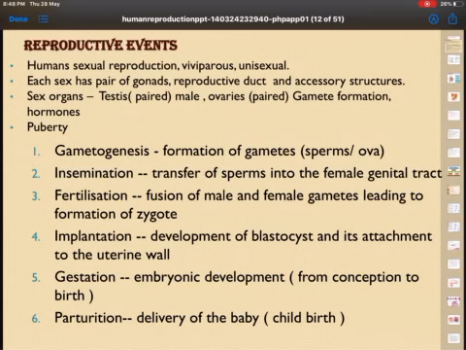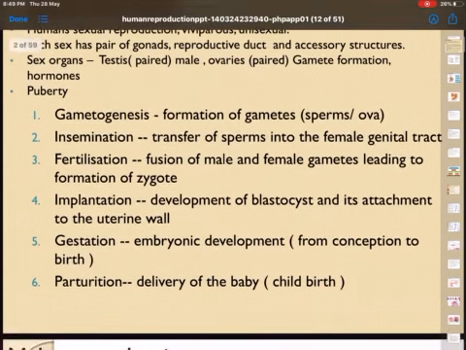So there are certain steps that take place. Let's define them. One is gametogenesis, the process of formation of gametes. In case of male it is sperm, in case of female it is formation of ova, or singular ovum. Second, insemination. It is the transfer of sperms from male to the female genital tract. And fertilization, the fusion of male gamete with a female gamete leading to the formation of zygote.